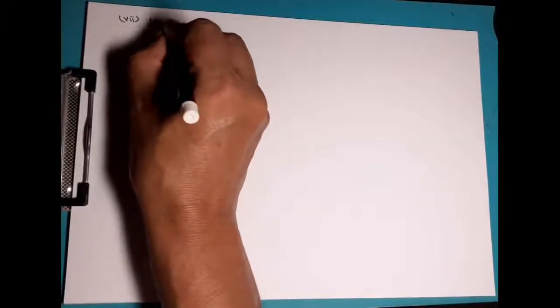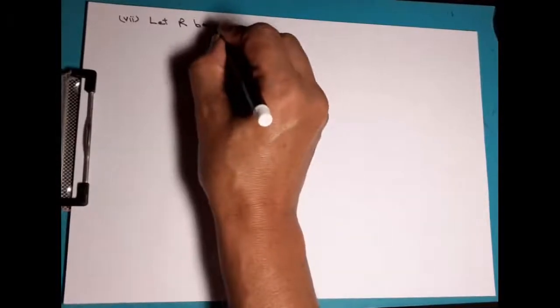So Mn, the set of non-singular square matrices, is a non-abelian group. So let's come to next example, and this is a very simple example. Let's write R for the set of real numbers. Let R be the set of real numbers.